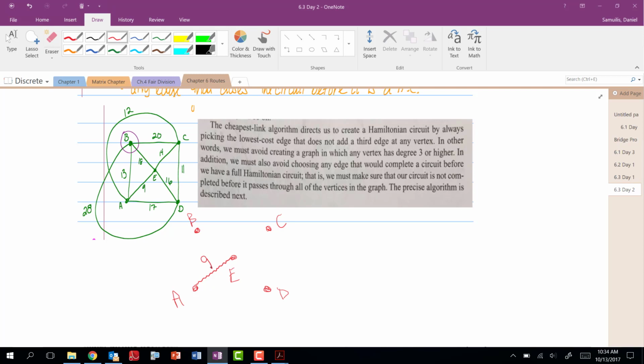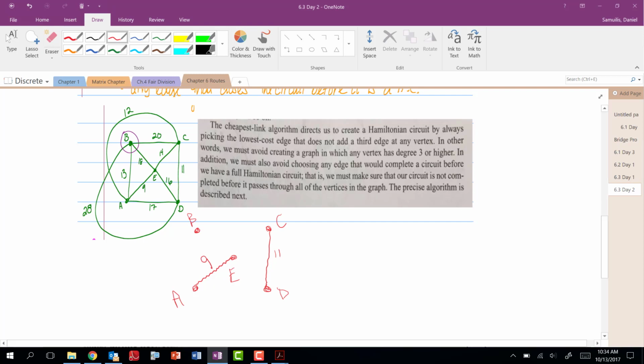What's the next smallest edge? Not 12. 11. Is it acceptable to pick 11? This is what I mean about how different this is. You're not stuck with, now I have to leave from E and go to one of the others. No. You just start picking the smallest sides in order as long as they are acceptable. All right, what's the next smallest side? What number is the smallest number left?